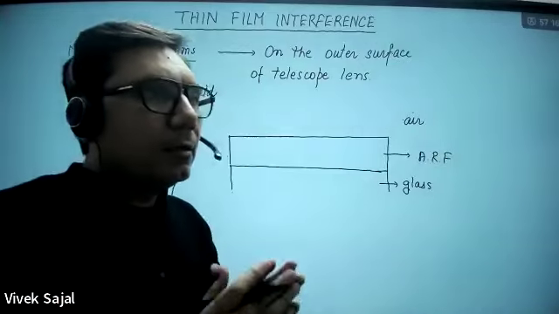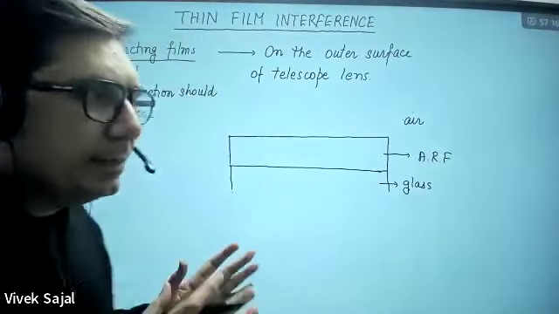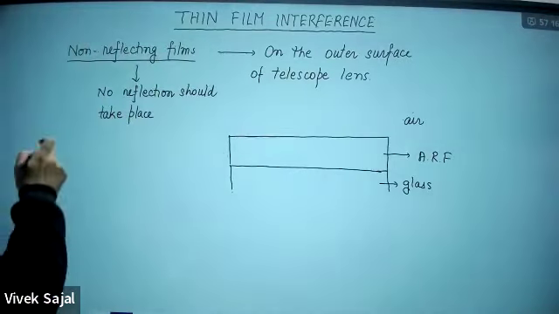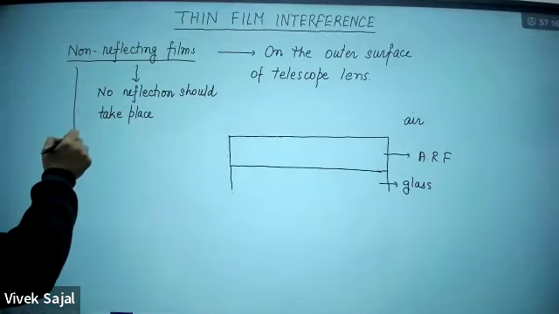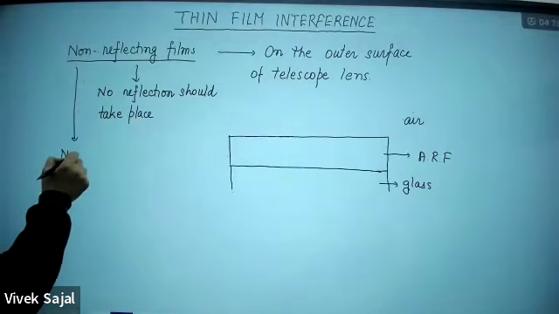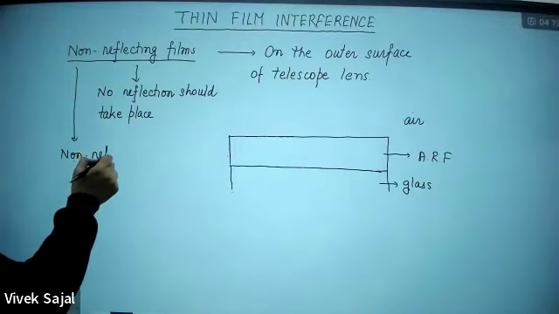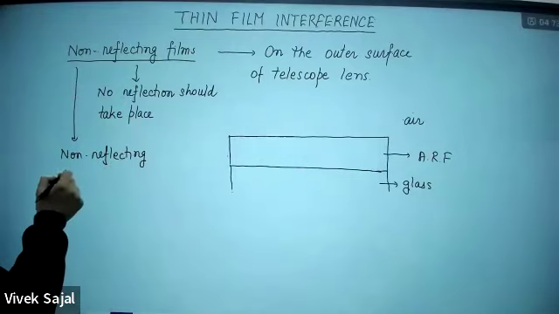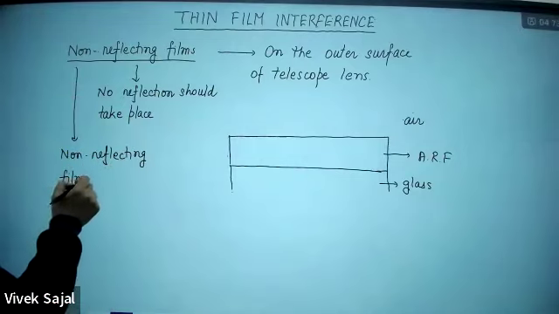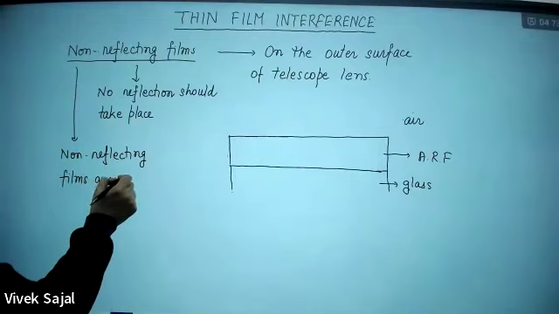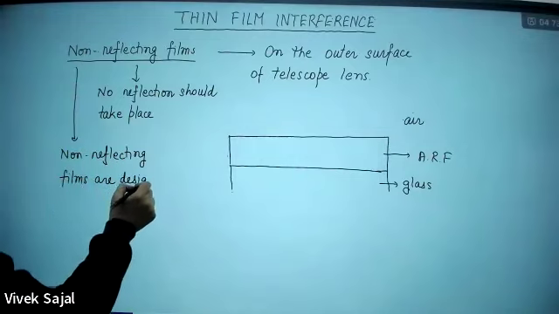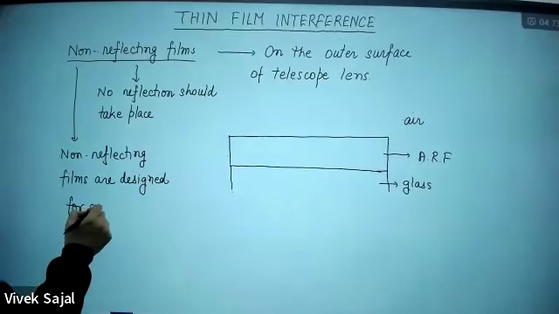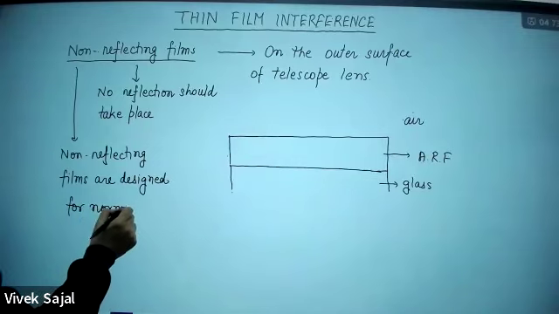And what we do here is that these anti-reflection films are always designed for normal incidence. So one more thing you have to remember is that these non-reflecting films are designed for normal incidence.